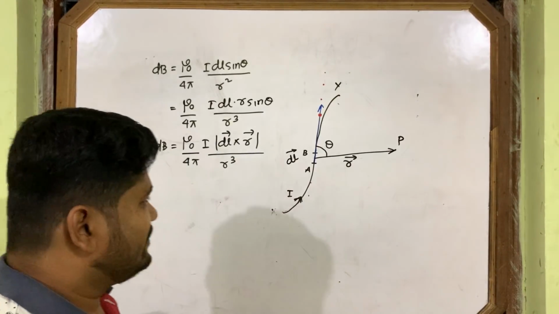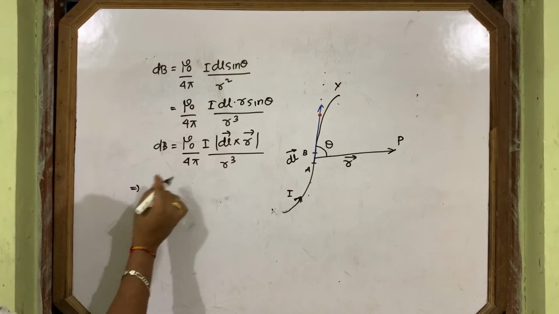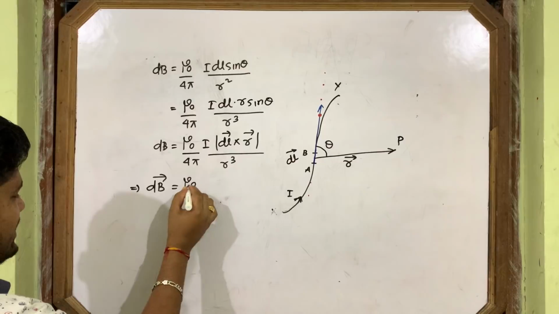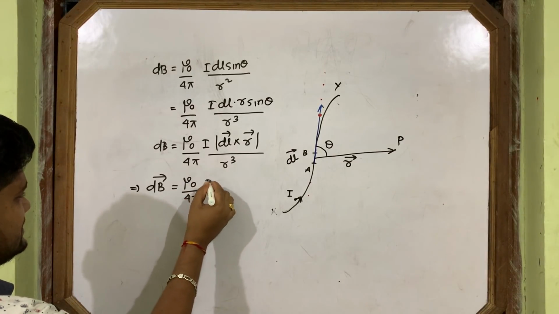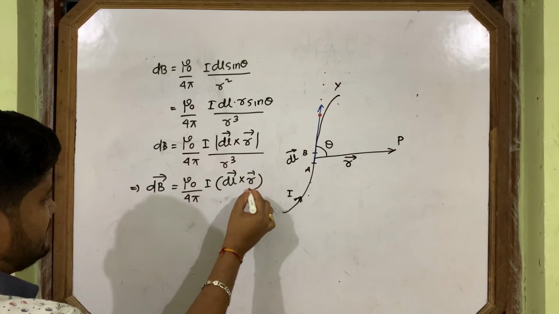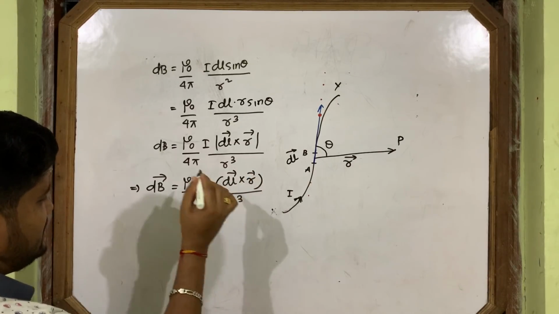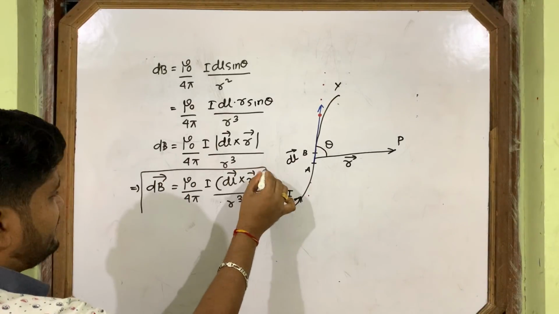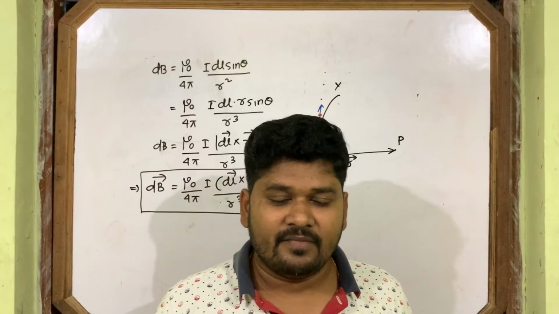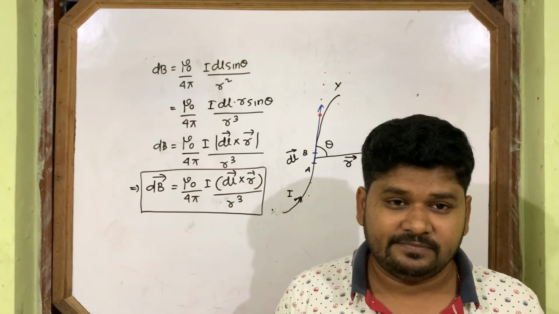But if you want to write in vector form, I will remove the mod here and write dB vector on the LHS: dl vector cross r vector, removing the mod sign. So this is the complete vector form of Biot Savart law.